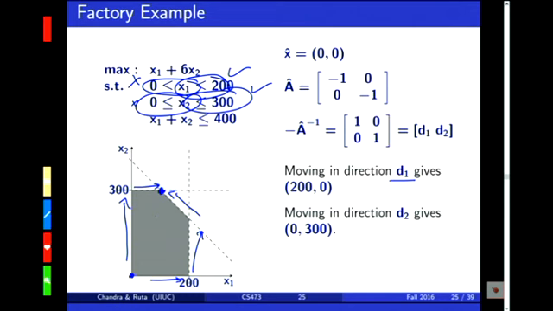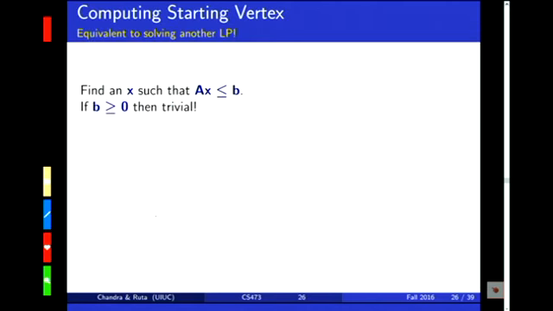It doesn't mean that that path will be shorter. Okay, so this is one kind of issue with simplex. Your local judgment may not always be good, and you may be going on a long path. Another issue is we assume that we have a starting vertex.